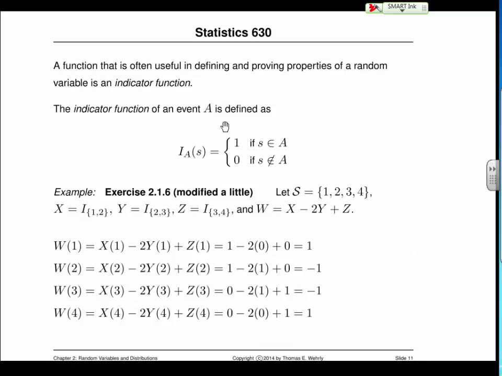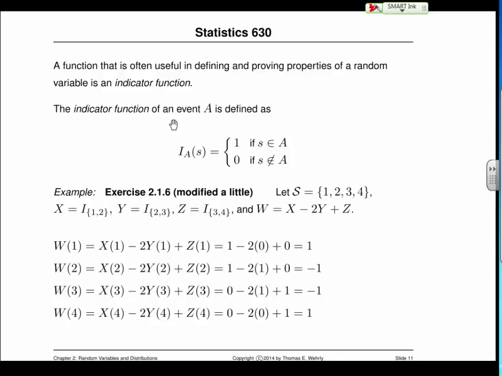Okay. Kind of an aside, and just to help you do at least one of the homework problems, we'll have other statistical uses of a function called an indicator function.